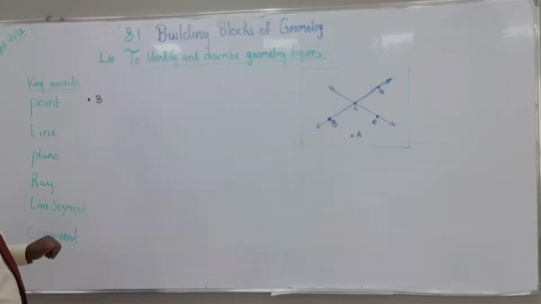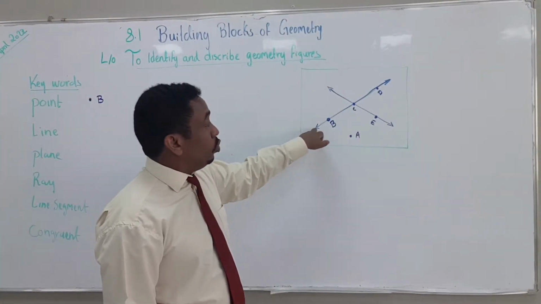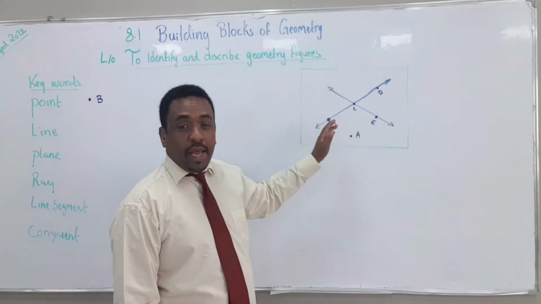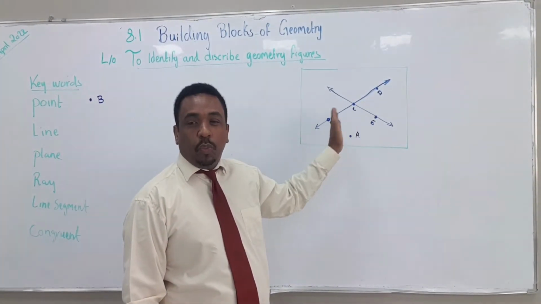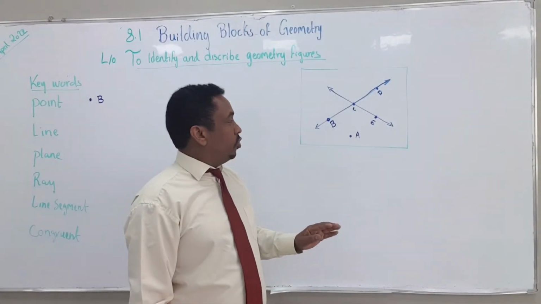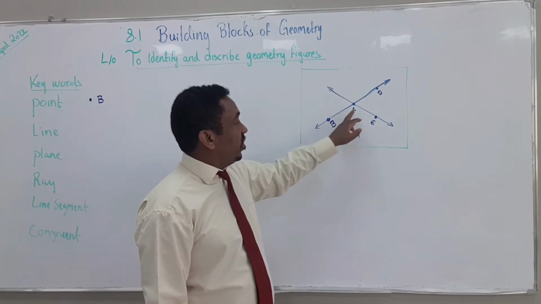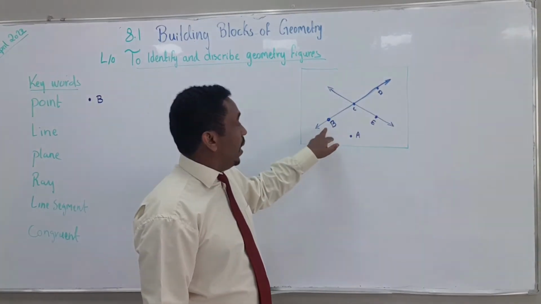Okay? Next one, a line. A line will have arrows on both ends, and it will be represented by 2 dots or 2 points. So 2 letters. Okay? So let's just choose a line. Shall we choose this line or this line? Which one? This one. Okay, let's choose this one.